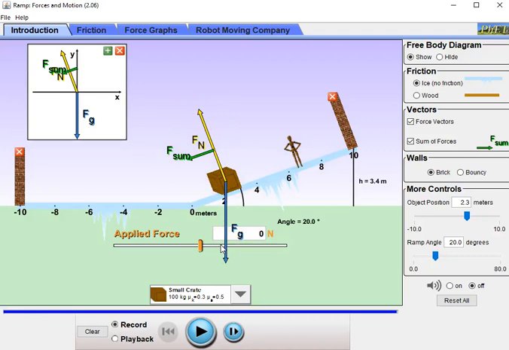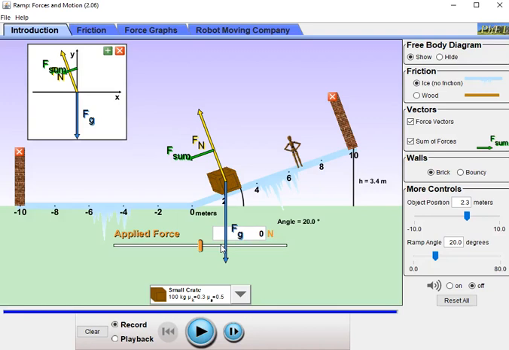The reason being, the weight of an object always acts towards the center of the earth. And one must note, even though the position of the ramp, which was earlier level, has been changed, the position of the center of the earth has not changed. So it still acts vertically downwards.